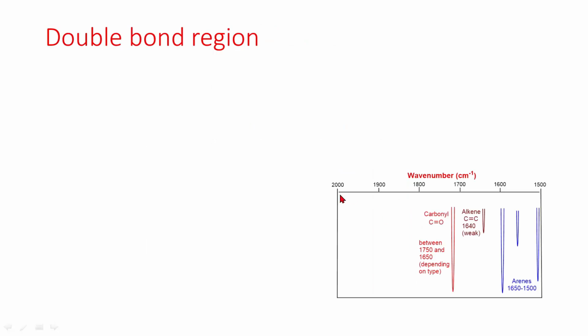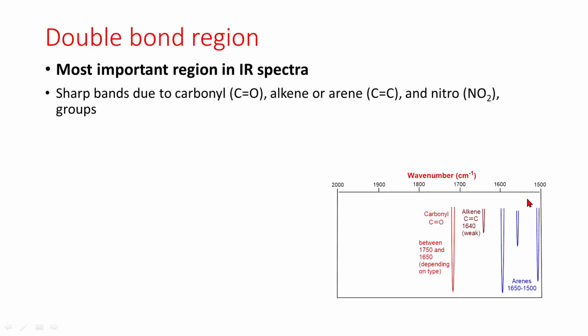Double bond region from 2000 to 1500 cm⁻¹. This is the most important region in the IR spectra. Sharp bands due to carbonyl, alkene, nitro group and arenes appear in this region.